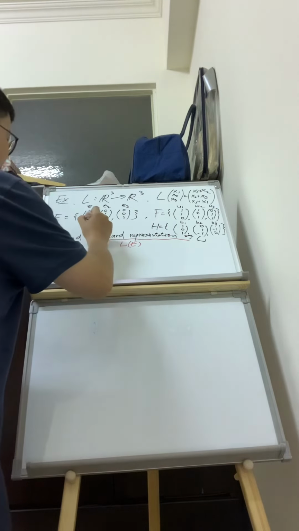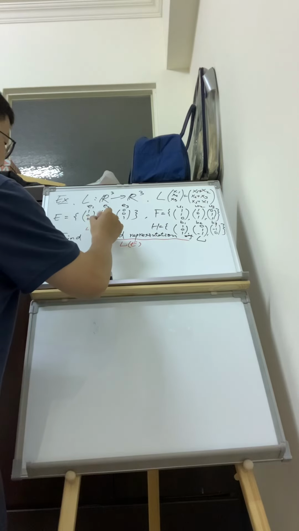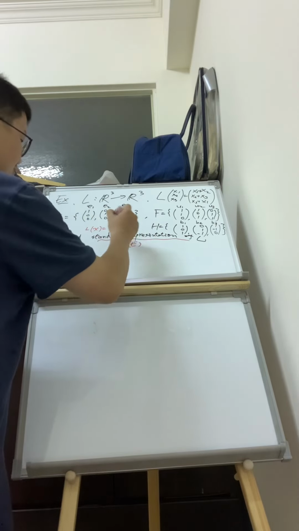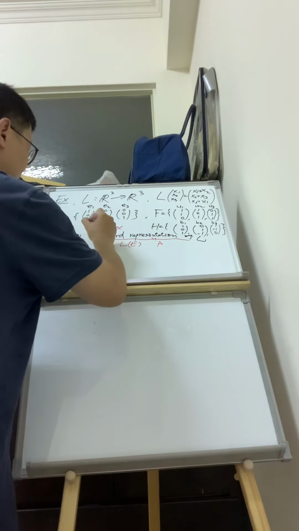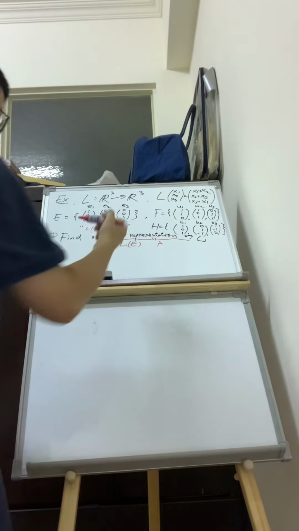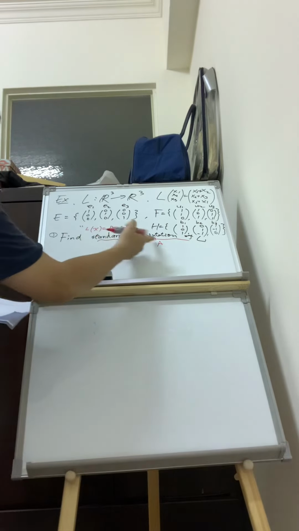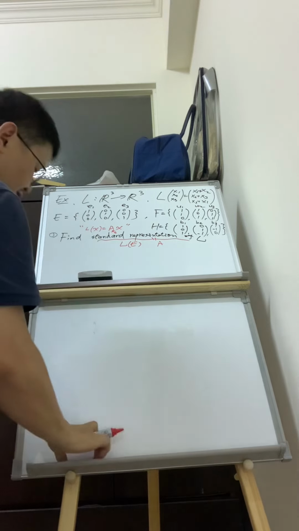It means that it satisfies this equation, L(x) equals A x, if we denote it by A. The matrix A is the standard representation of L means that it satisfies this equation for any x.